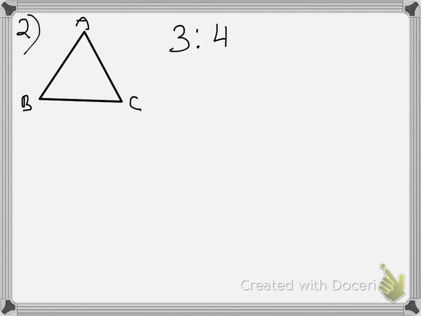So in other words, we're back to our friendly triangle. And they like A, B, and C. And they say that the measures of the angles are in a ratio of 3 to 4 to 5.